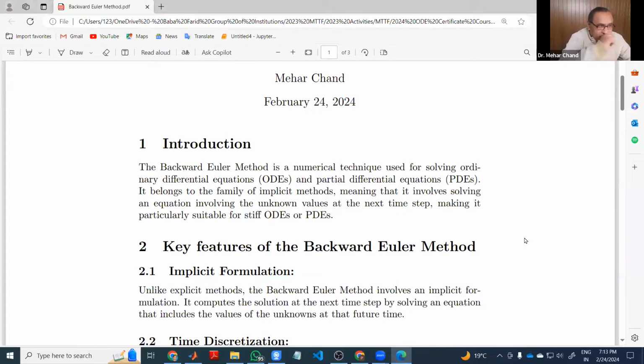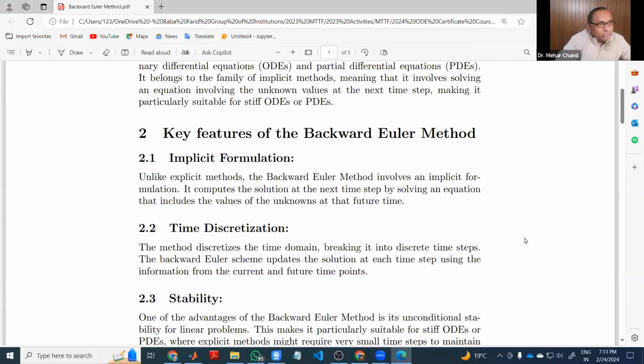So here are some key features of the backward Euler method. This file I will also upload for you, and I will try to share it in the WhatsApp group. Unlike explicit methods, the backward Euler method involves an implicit formulation, and it computes the solution at the next time step by solving an equation that includes the values of the unknown at that future time, and time discretization of the domain, breaking it into discrete time steps.